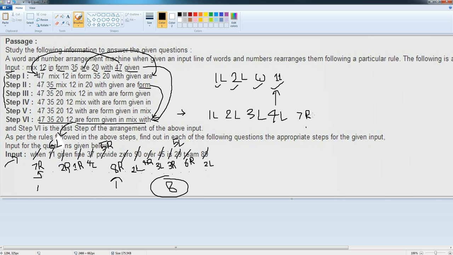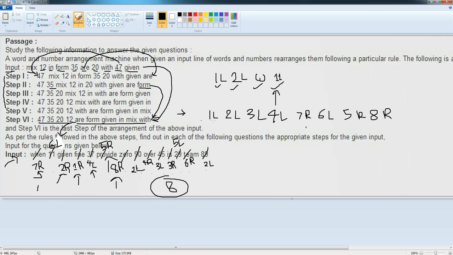So 7R for "when", then 6L because it's also greater than 4. Then 1 and 2 will be gone because they are smaller than 4. 4L is also not included, because it's equal to 4. Then we'll have 5R and 8R.